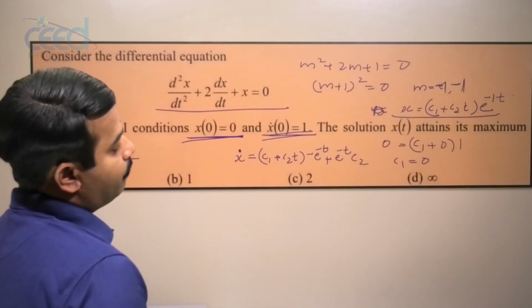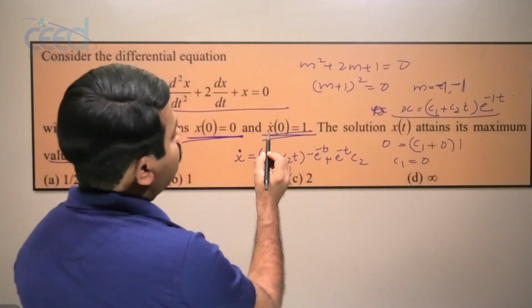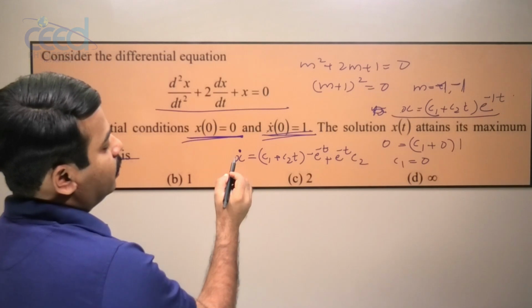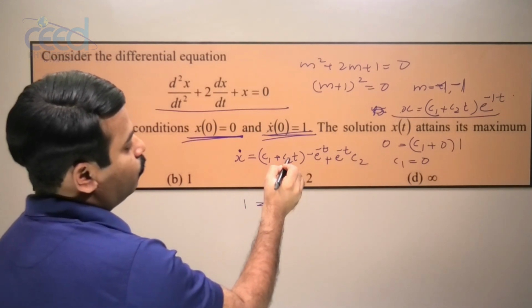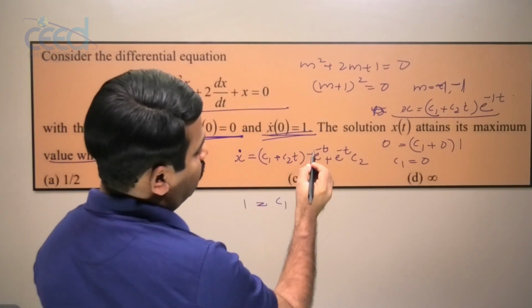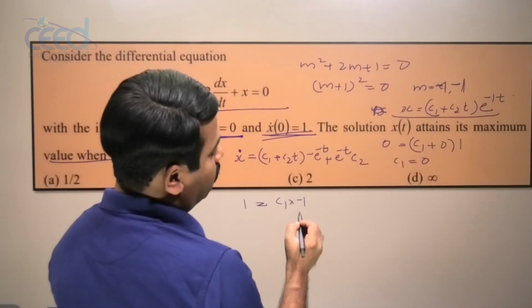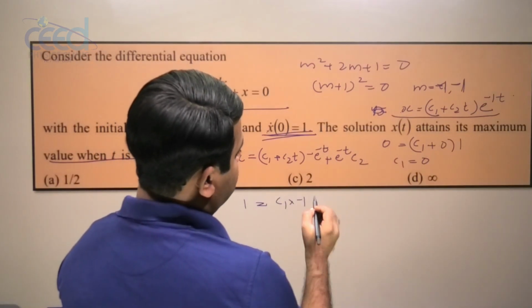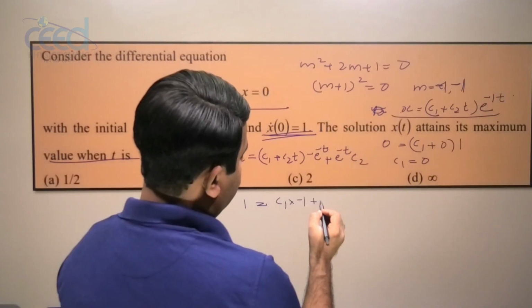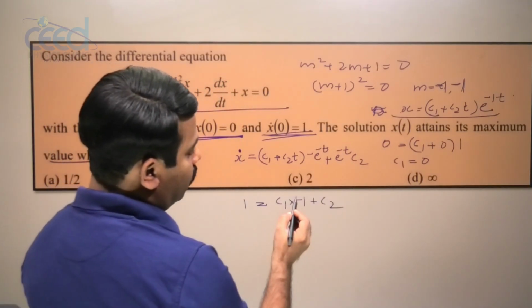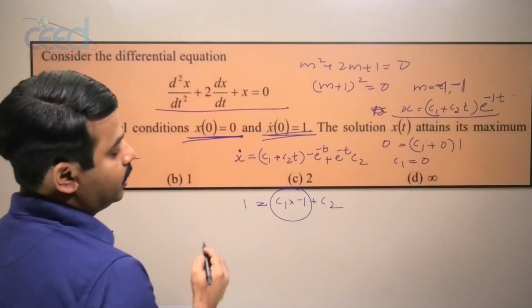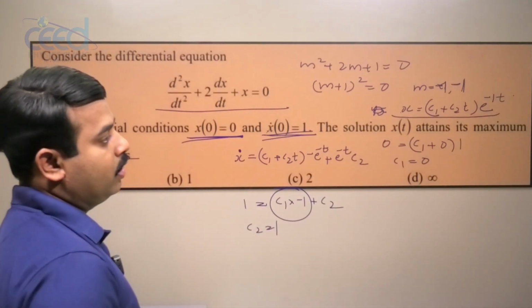Now x dot of 0 is 1 means when you put t equal to 0, here c1, here minus 1, here e to 0 is 1, then c2. Since c1 is already 0, c2 is equal to 1.